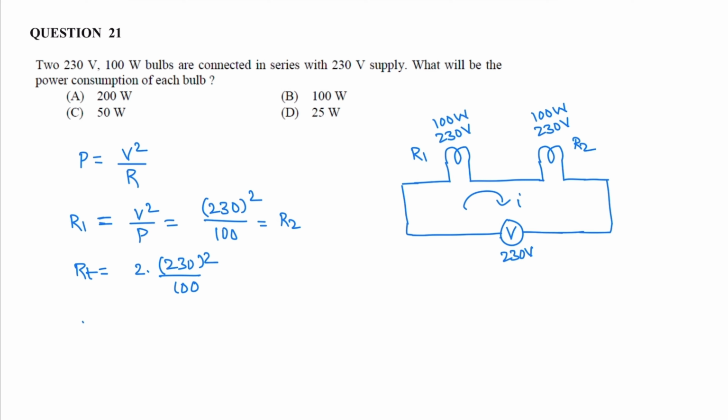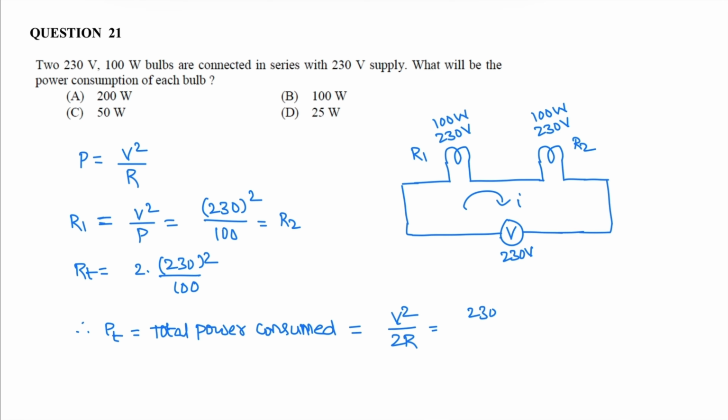Therefore total power consumed PT by both the bulbs, its value is V square by 2R.